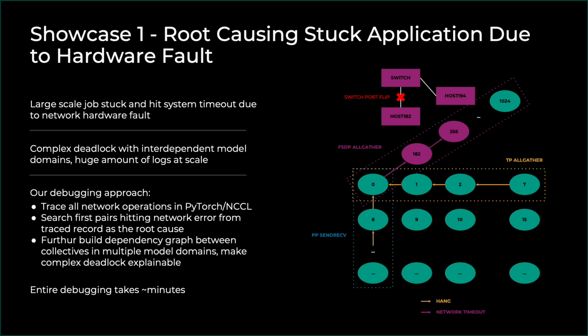You can see there are three ongoing communications happening: the tensor parallel all-gather, the pipeline parallel send and receive, and also the FSDP all-gather. All three of them are stuck during the training at one point, and we don't know why that happened and which collective is the root cause.